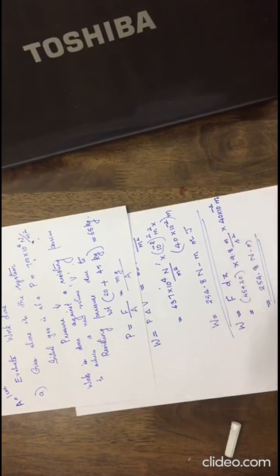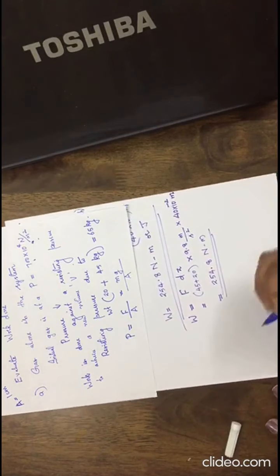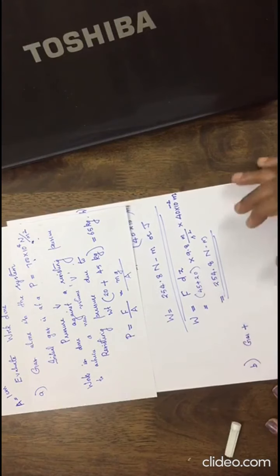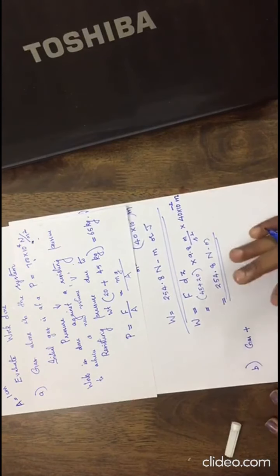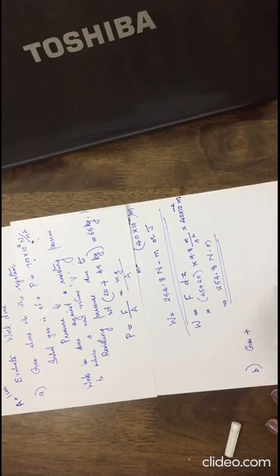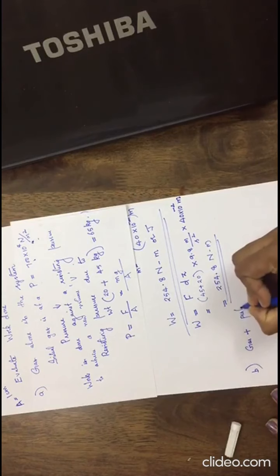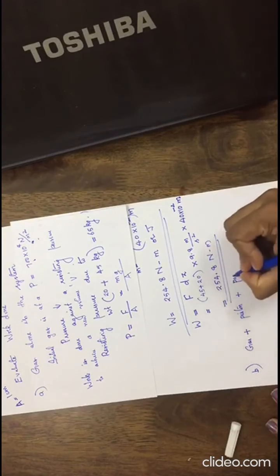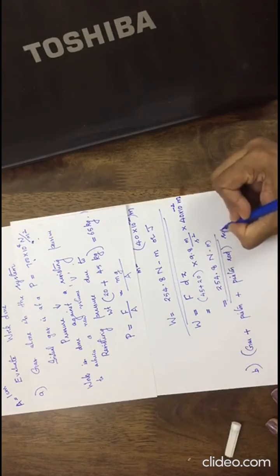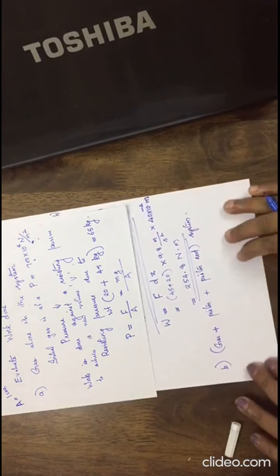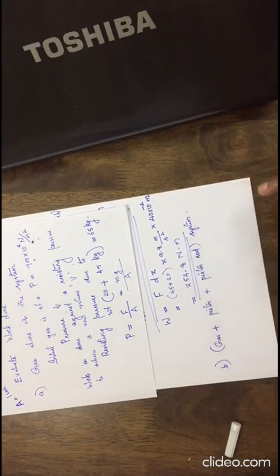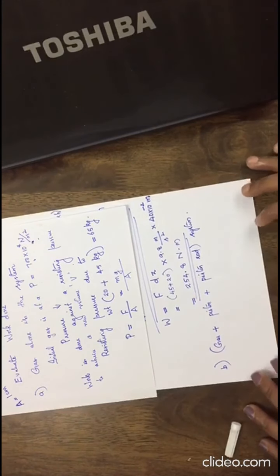Now the second question. In the first case, gas alone is considered as the system. Now I am considering another boundary for the system, that is gas plus piston rod. Piston plus piston rod can be considered as the system. So here what causes this external pressure?